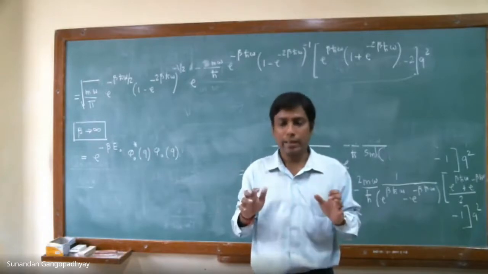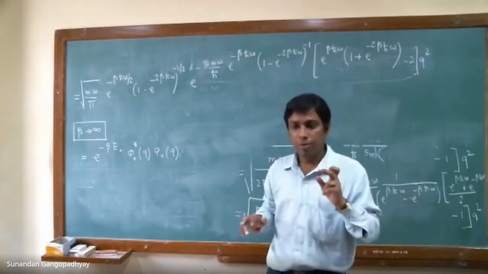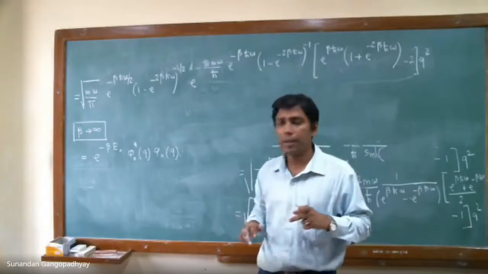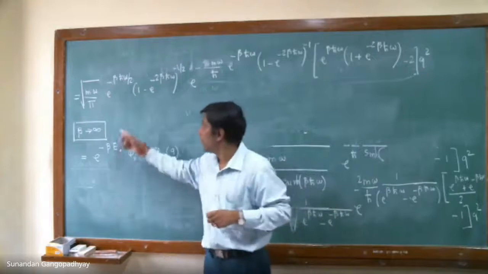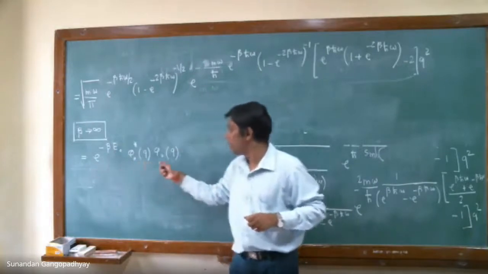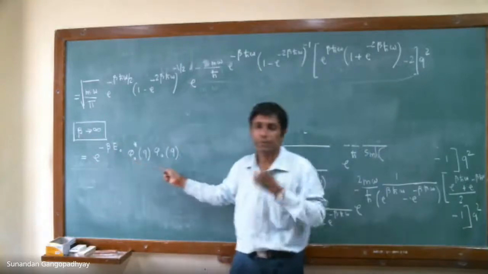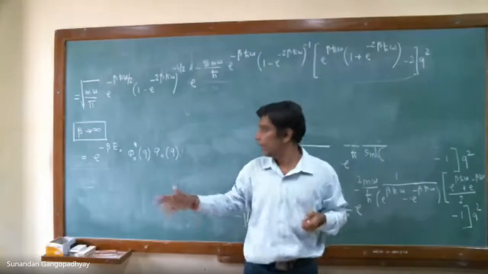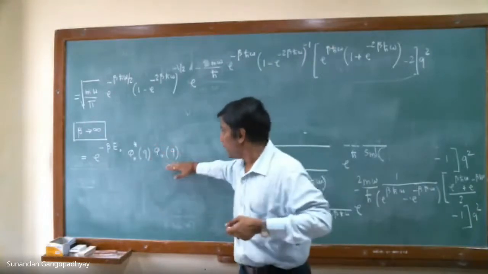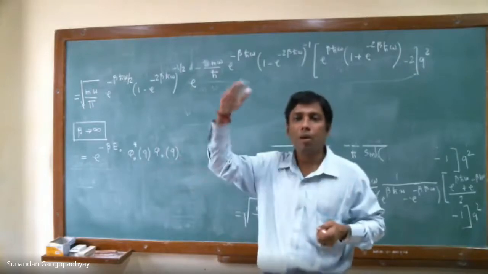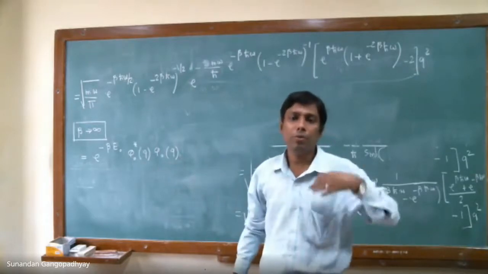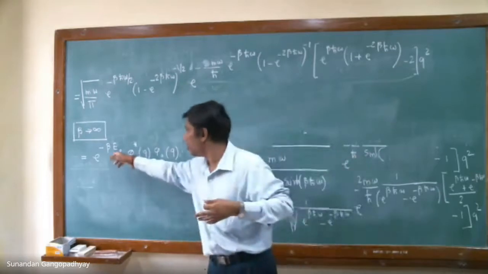So if you do that, if you look back to your earlier notes, then you shall find that the propagator basically simplifies to this thing, because you have neglected all the other terms which are smaller than this term.